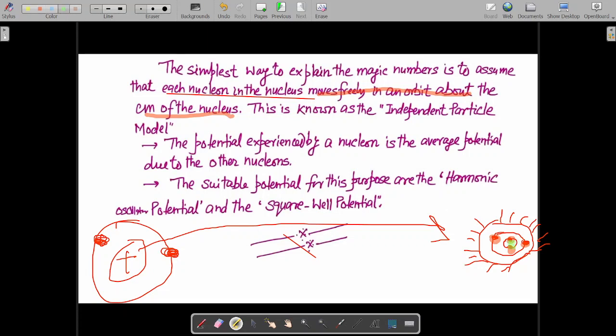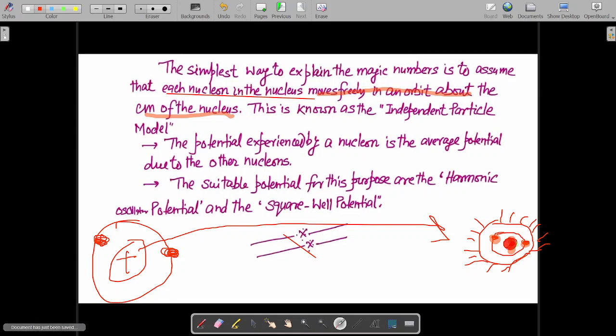Over here in the center. Let me put a dot over here. Over here is the center of mass of this nucleus. So the way for electrons we had the center at the nucleus, so around the nucleus the electrons were revolving.